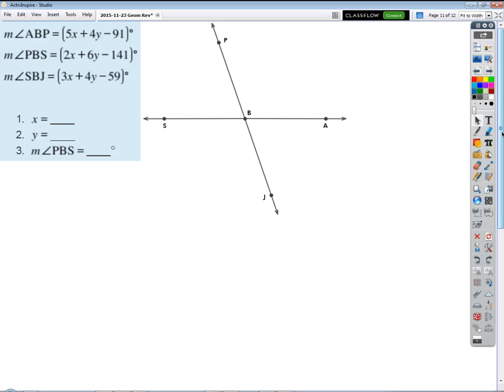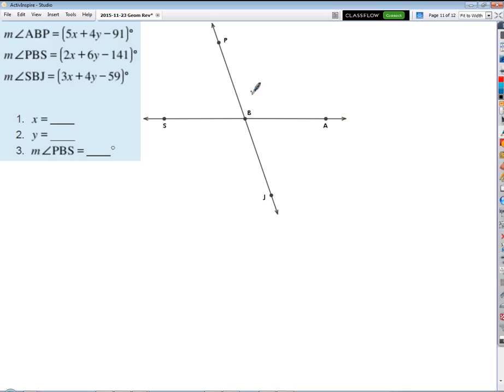We could maybe be easier if we wrote in the values of each of these angles, the measures of each of these angles in terms of x's and y's. So APB or ABP would be this one right here. We're told this one has a measure of 5x plus 4y minus 91.